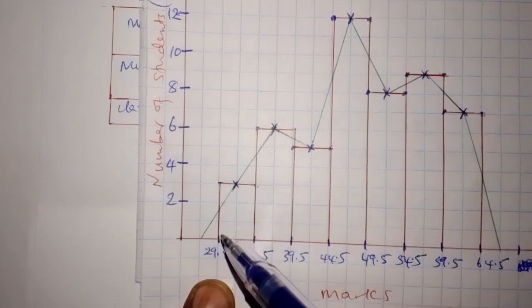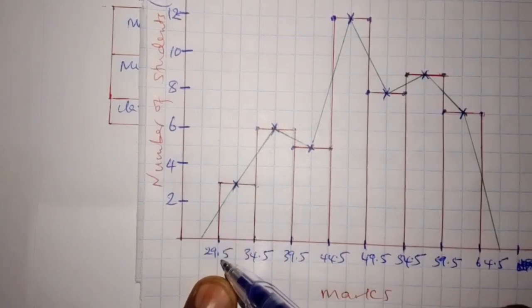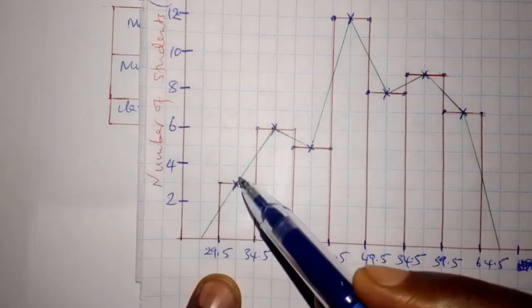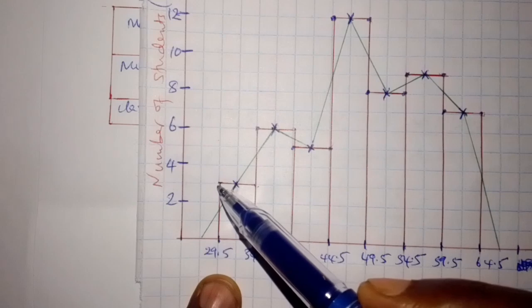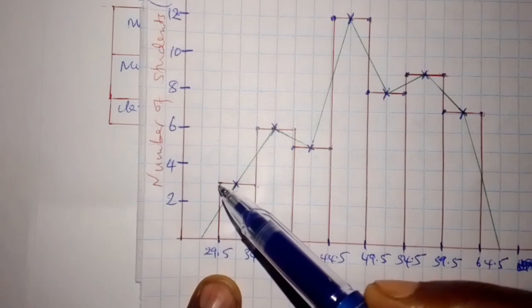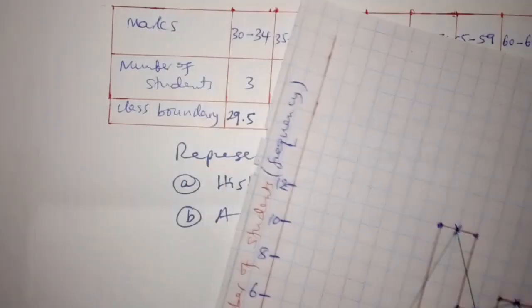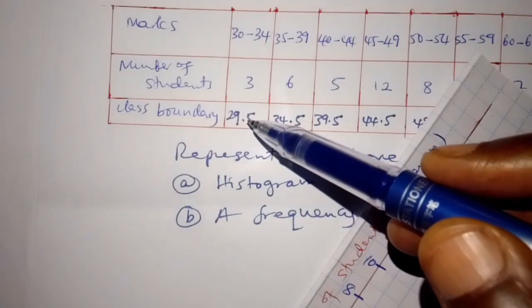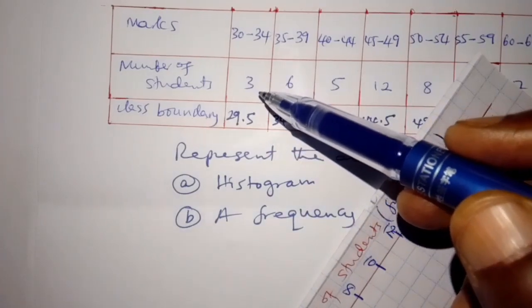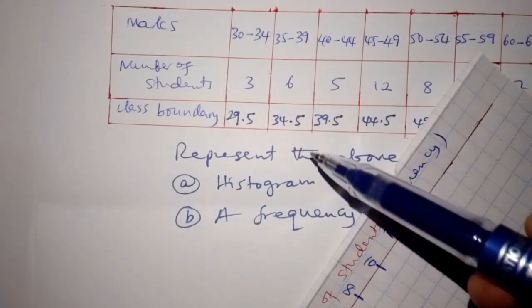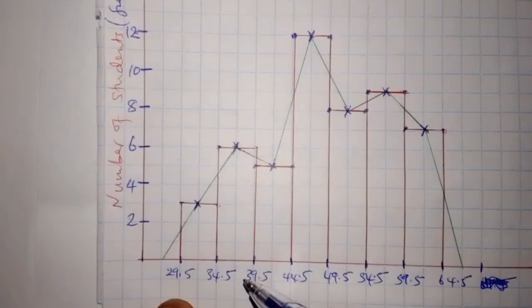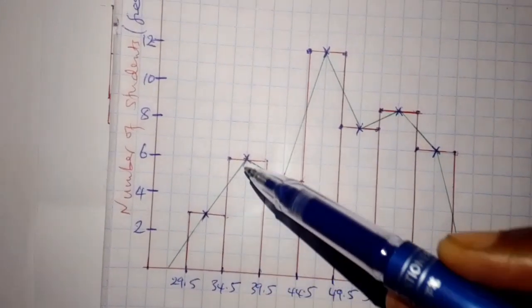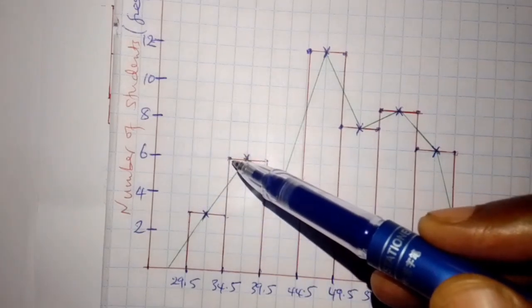The first class boundary is here, and it is representing the frequency of 3. Then 34.5 is a frequency of 6 here.